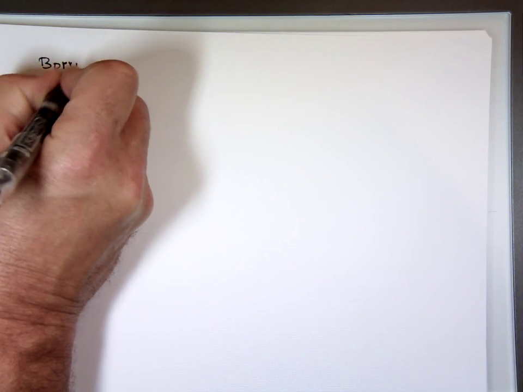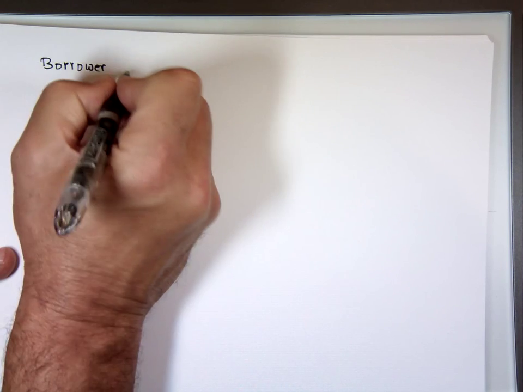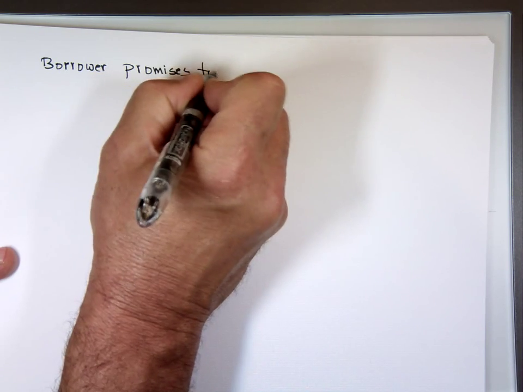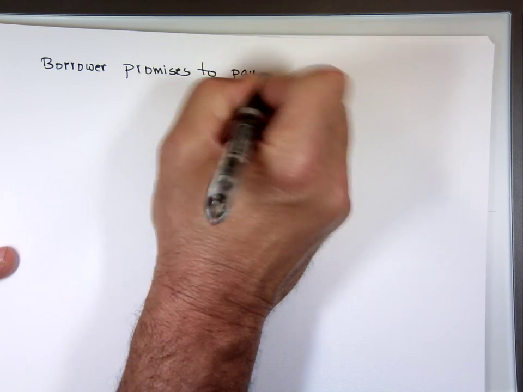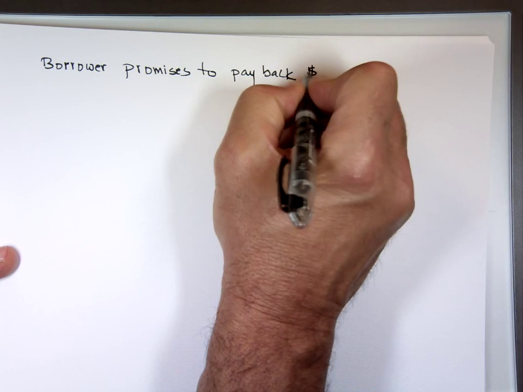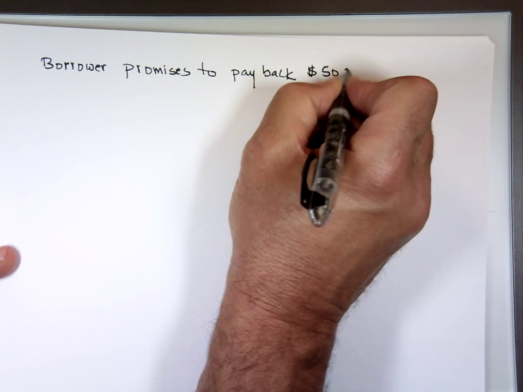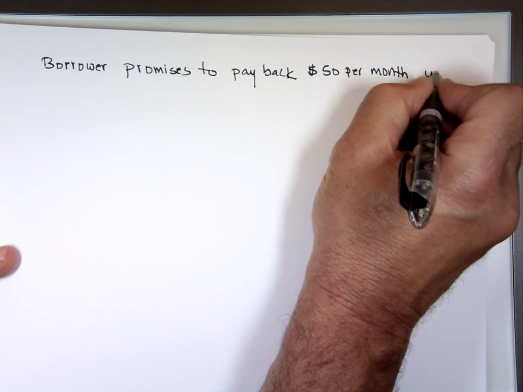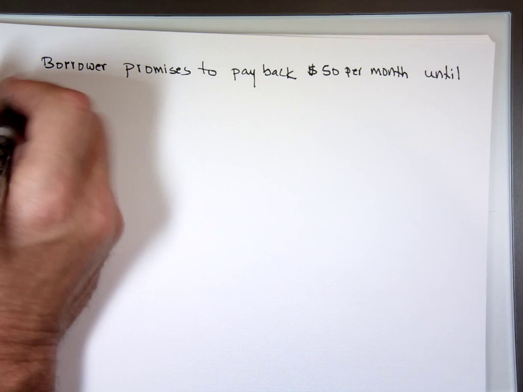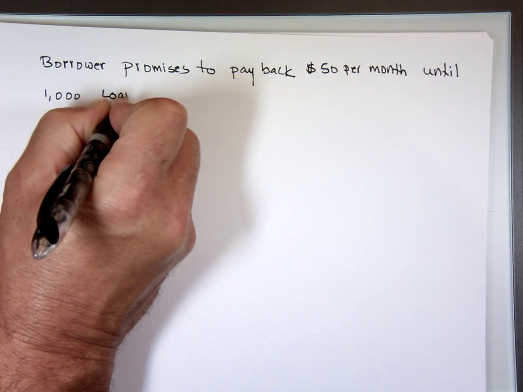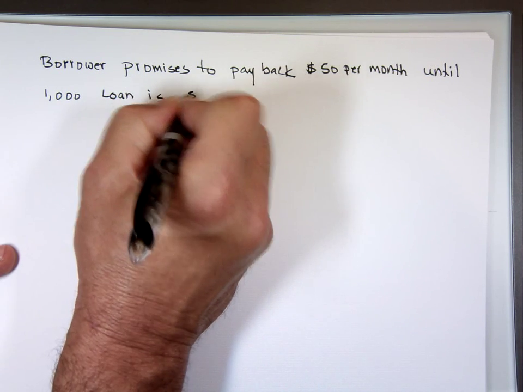A borrower promises to pay back $50 per month until what? Until the $1,000 loan, you borrowed $1,000, is settled, which means you paid it all off.